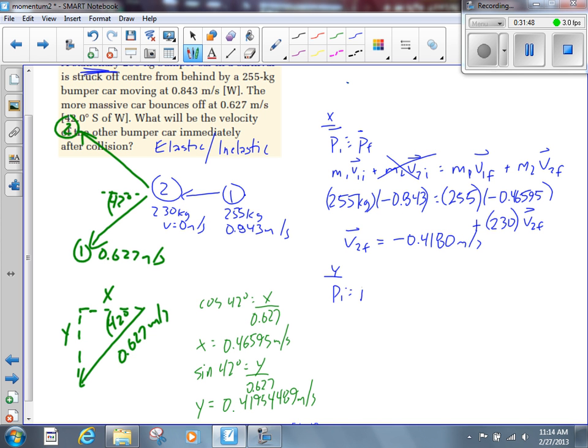We do the y component. This one's a little bit easier because the initial y component is 0. Object number 1 is moving, but it's not moving in the y direction, the y axis. Object number 2 just isn't moving at all. V1F is negative 0.419544489.